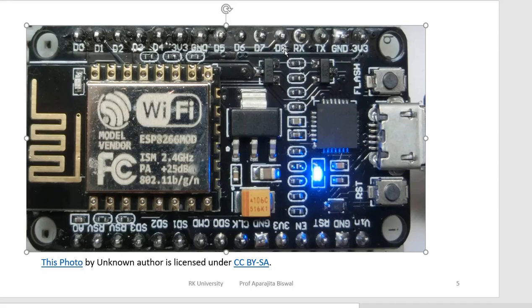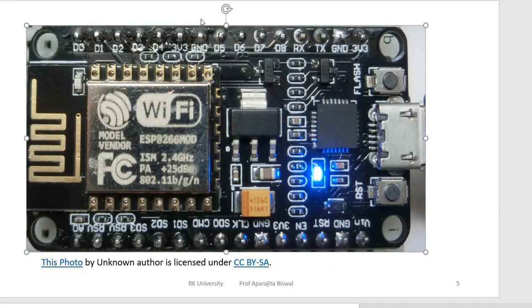Apart from these digital pins, we have power pins, that is 3 volt 3 and ground. There are 3 volt 3 and ground pins in pairs.